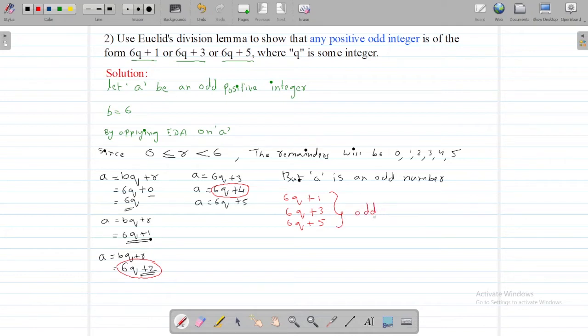Therefore any odd integer is of the form 6q plus 1, 6q plus 3 or 6q plus 5.